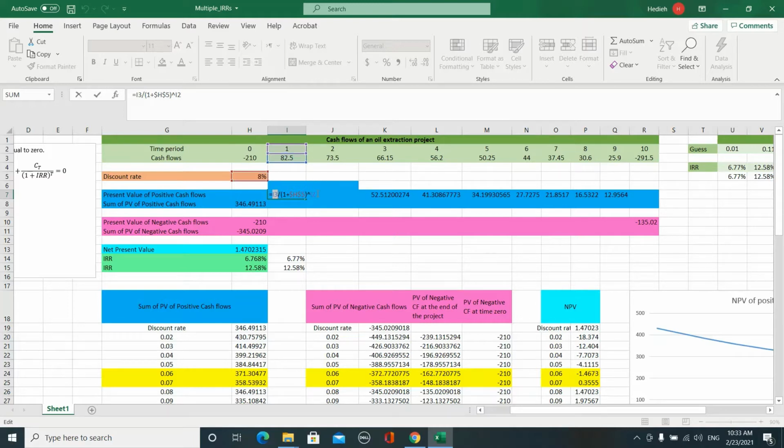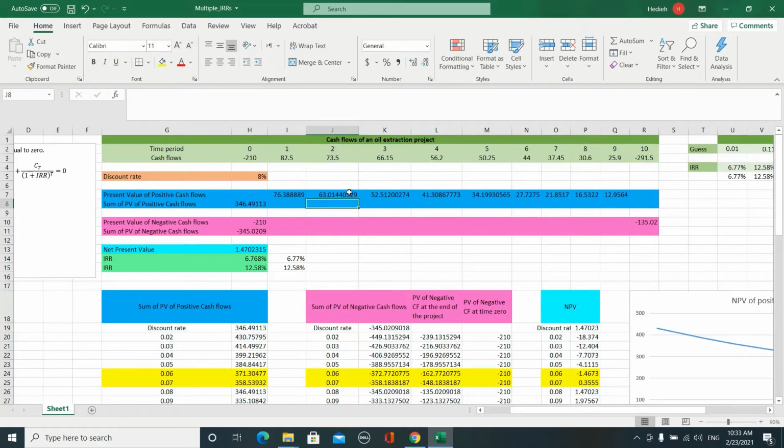And here it is only one period. And then you click enter. You do the same thing for other years. So you divide the positive cash flow that you have by 1 plus your interest rate of 8% to the power of the number of periods that you want to bring back the cash flow, which is 2 years. And then you click enter.